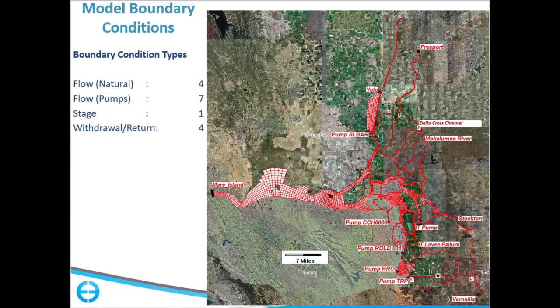To represent pumps in EFDC and EFDC Explorer, what you do is use the withdrawal and return. So a pump takes the water from one location and takes it to another location. So we use withdrawal and return boundary for pumps.